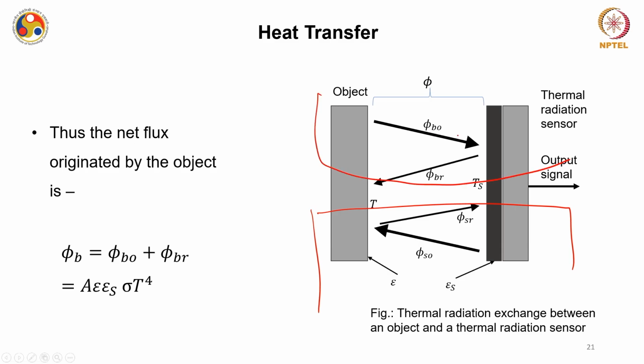This is the phi b naught I am talking about, and phi b r is coming back to the object itself. Please note that the sensor is at temperature Ts and the object is at T, and for the time being T and Ts are at different temperatures. So T is not equal to Ts.